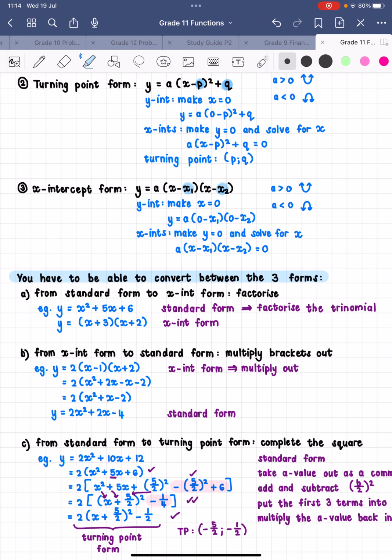Did I even write that down anywhere? No, I didn't. Okay, so that is what you will get in the end there. Well, you would get the same answers, wouldn't you? Yeah. So if you forget that those are the x-intercepts, this is a method that you can always use.